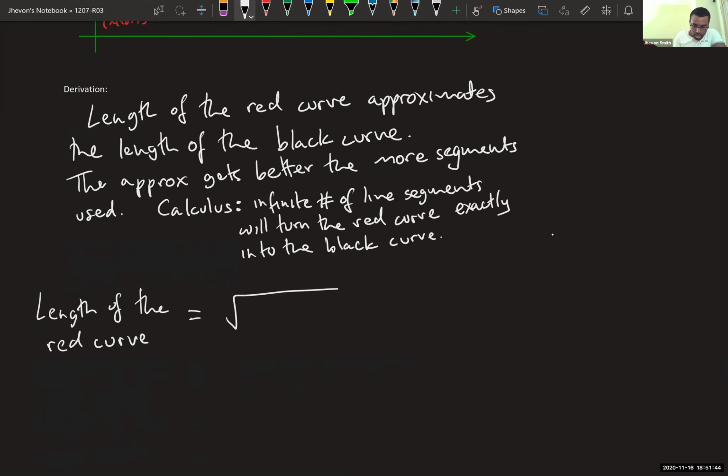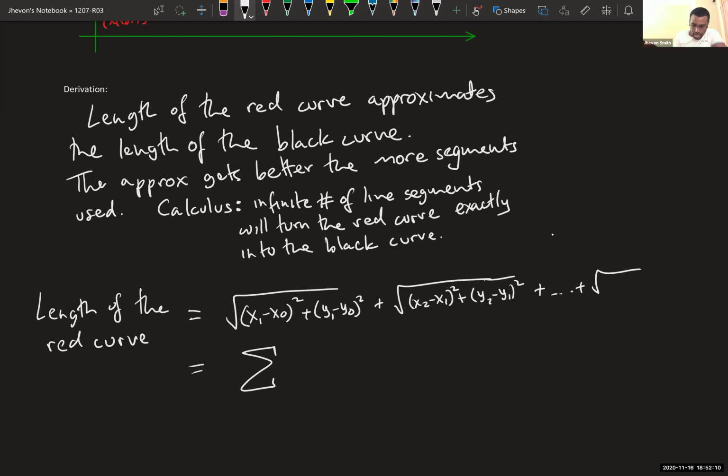So this is going to be the square root of x1 minus x0 squared plus y1 minus y0 squared, plus the square root of x2 minus x1 squared plus y2 minus y1 squared, plus and so on. You can write this as the sum of the square root of delta x i squared plus delta y i squared, where i is going from 0 to n.